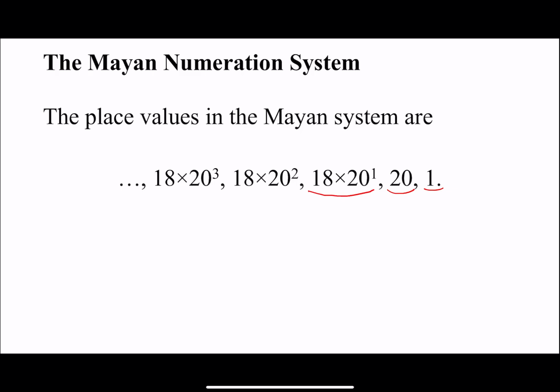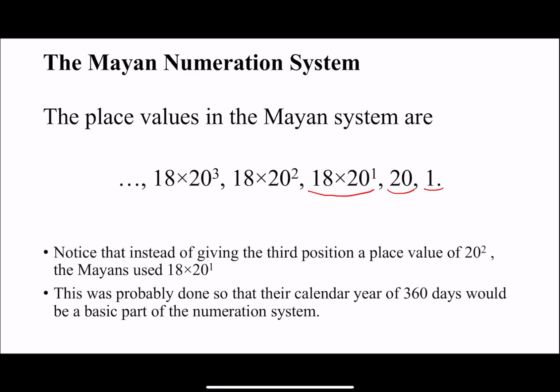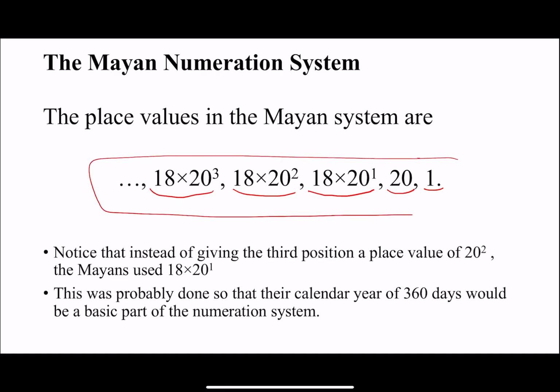Many people believe that we have 18 times 20 because Mayan people had 360 days in a year. And then we have 18 times 20 squared, then 18 times 20 to the third power, and so on. So make sure that you know these place values in Maya number system.